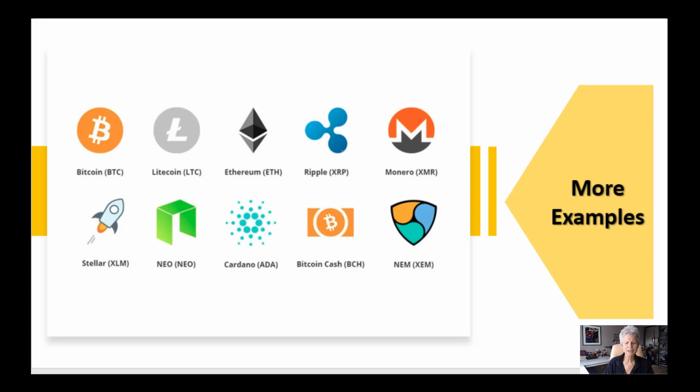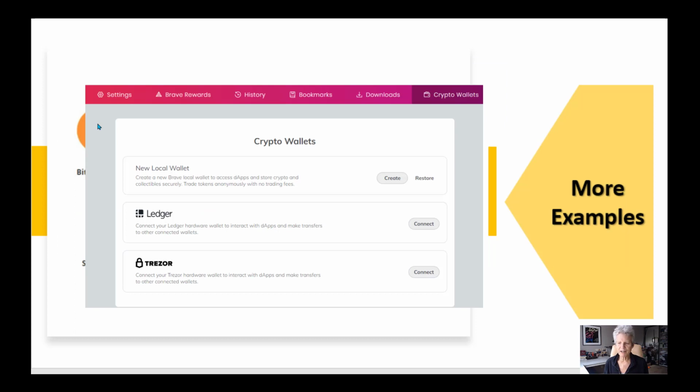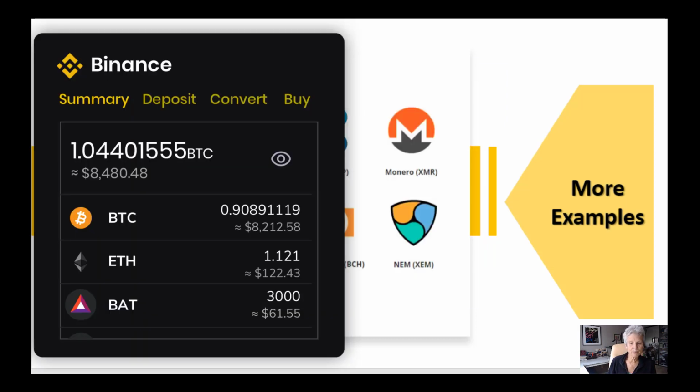Now, there's actually even a cryptocurrency embedded within the browser Brave. So Brave is a new browser. It sort of prides itself on its security, but it also has a cryptocurrency built right in. And so you have a widget known as Binance, and the Brave users can access Binance through the browser or online, Binance.com or Binance.us.